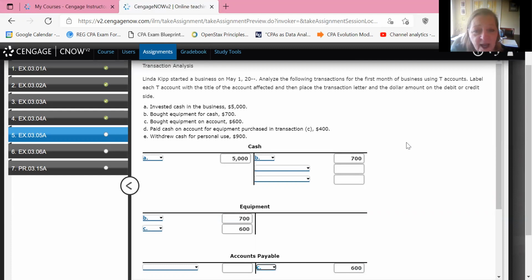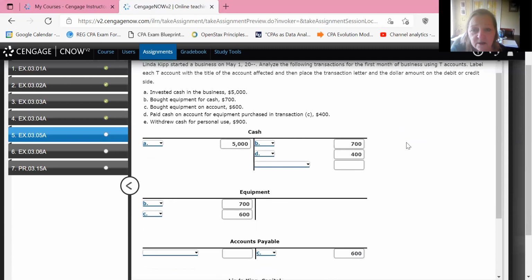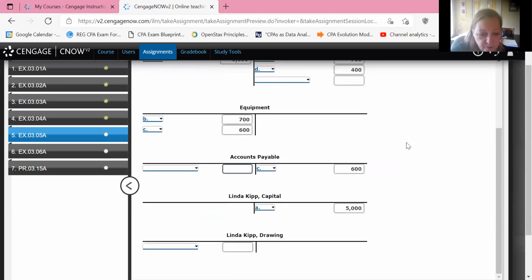And so we paid cash, so our cash went out, $400. That's the part I'm most comfortable knowing what to do with. Every time I pay cash, I know that's a credit. So I've got a debit that I'm going to make to one account. And what account is it? Accounts payable. And it's $400. D.